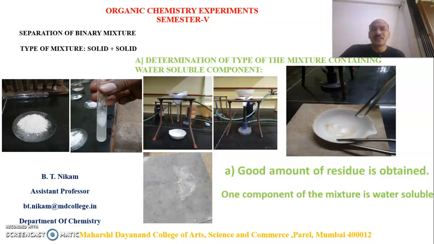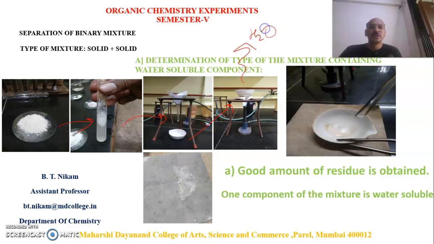Before we start with this particular content, have a little recap. The mixture for the solubility test is taken in a test tube. Water is added, shaken vigorously, and filtration is carried out. The filtrate is evaporated.